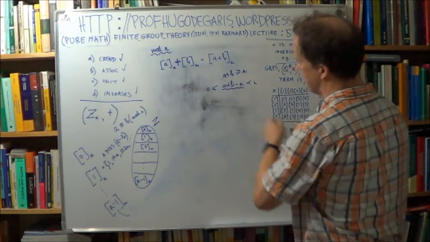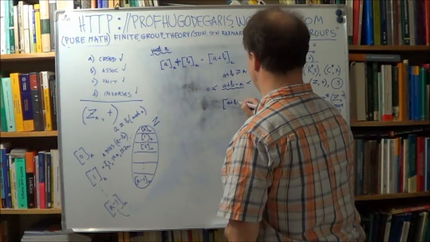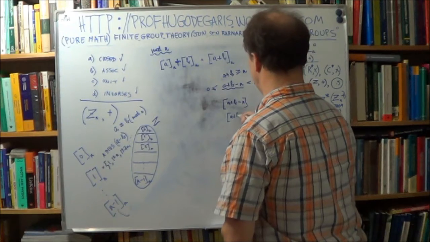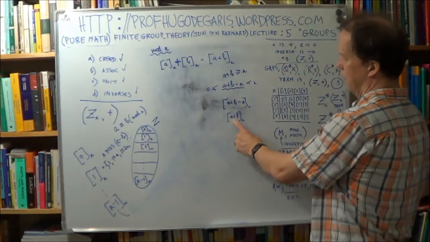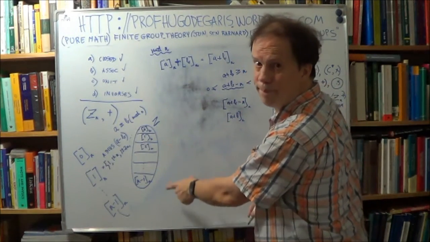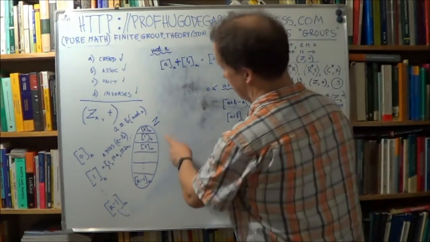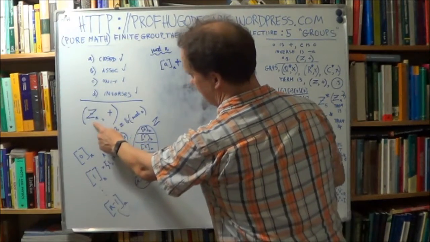So in other words, this a plus b minus n, or a plus b, is one of these. And the set of all these is Zn by definition.